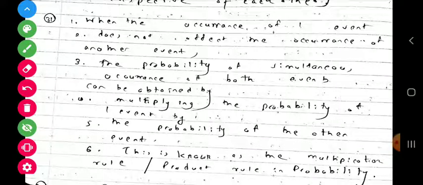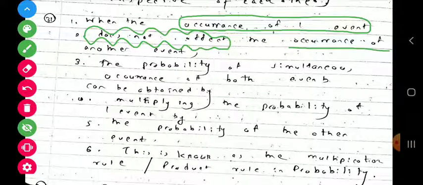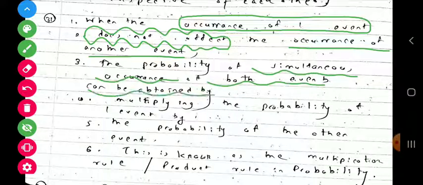Now we are coming to a very interesting definition. The multiplication rule or the product rule in probability. This is very simple. When the occurrence of one event does not affect, that's the crucial part, does not affect the occurrence of another event, the probability of simultaneous occurrence of both events can be obtained.